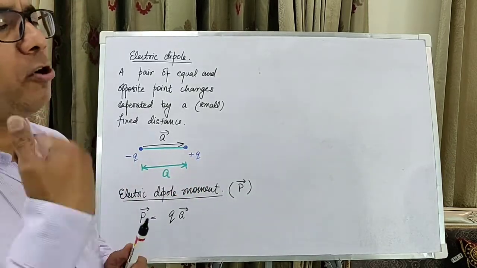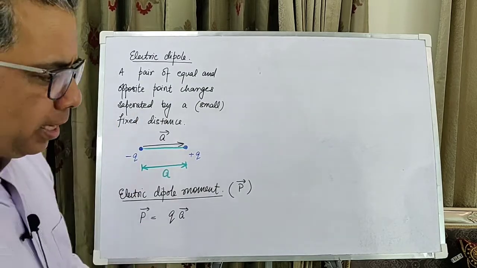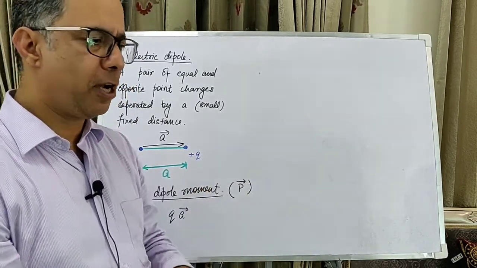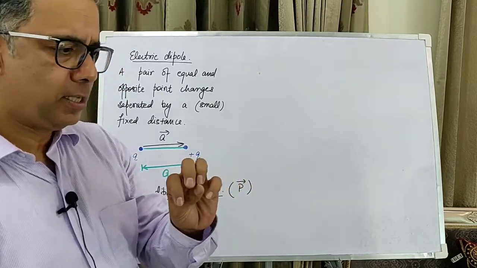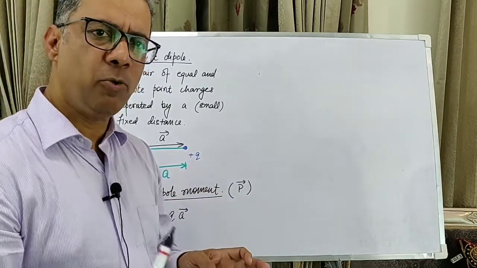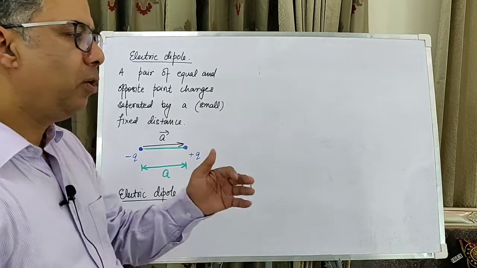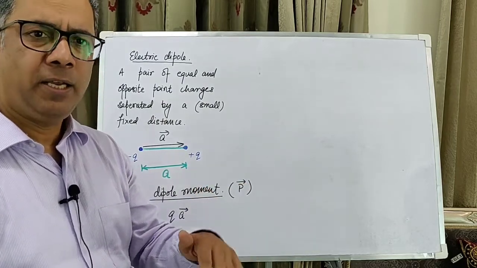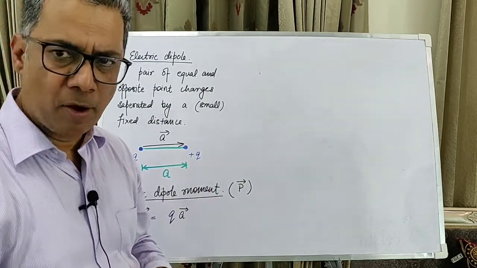If we have a large combination of charges, and in that system of charges the total negative charge equals the total positive charge, then we can always define a dipole moment for that combination.